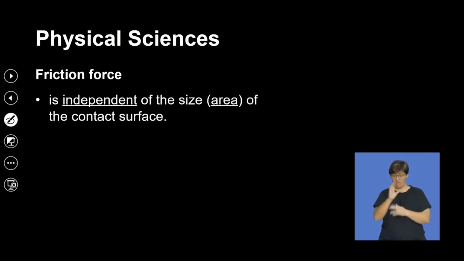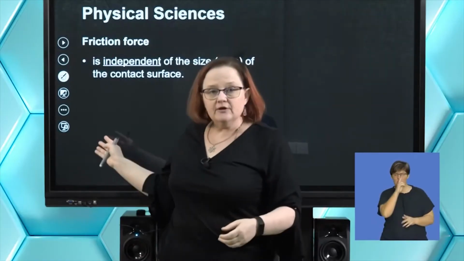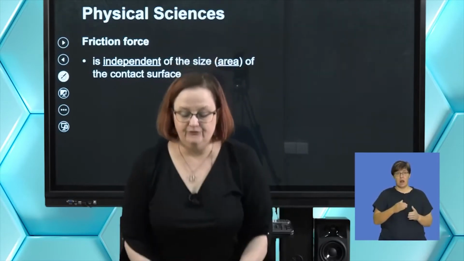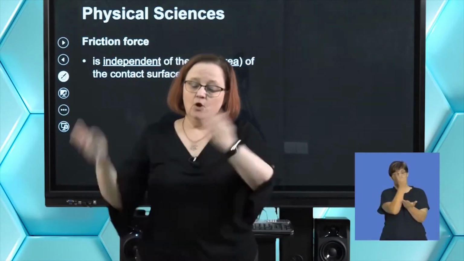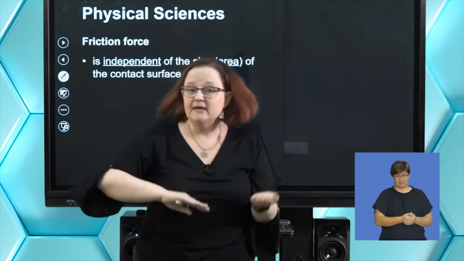When we look at friction as a force, there are a couple of things we need to take into consideration. Number one, it is independent of the size or the area of the object. So if we look at the fridge again, whether I had the fridge standing upright or on its side, it wouldn't make a difference.